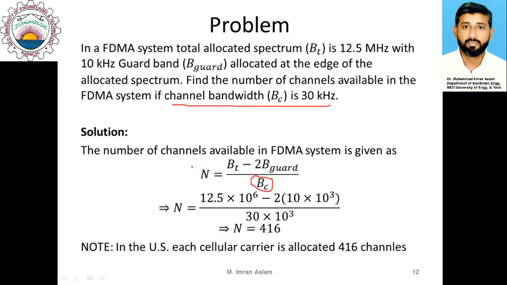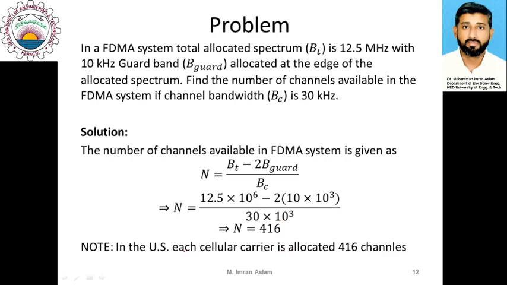So the number of channels that we get from this FDMA system is given by BT minus 2 B guard over BC. And if you substitute the values, BT is 12.5 megahertz, B guard is 10 kilohertz and BC is 30 kilohertz, and if we simplify, we would see that the number of channels that we get from this FDMA system is equal to 416.